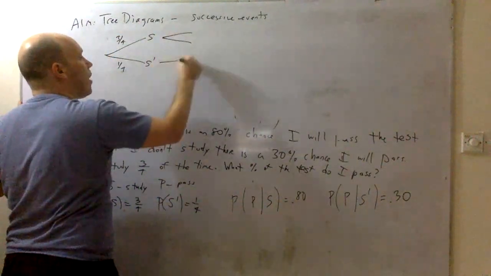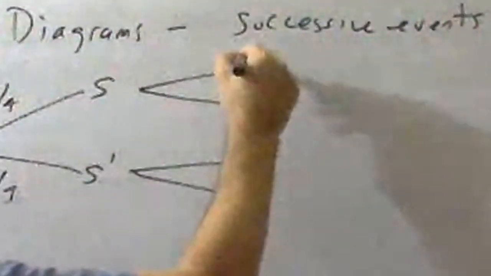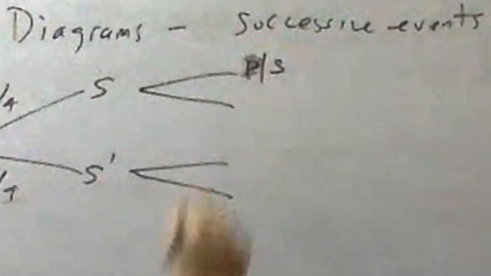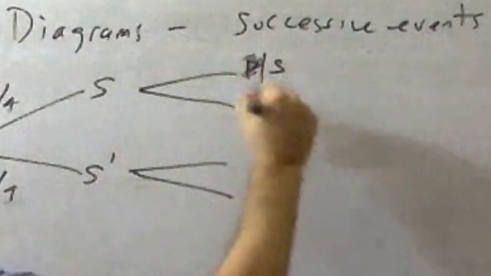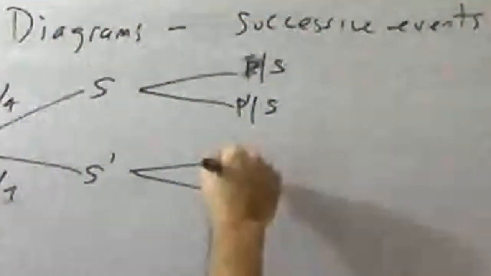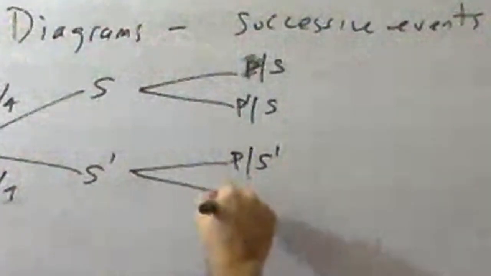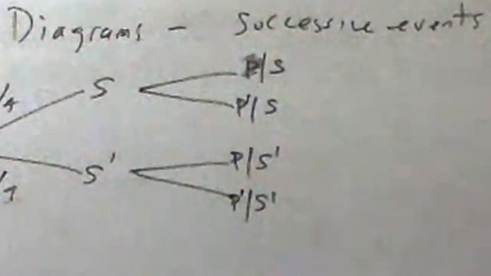What's going on with these branches out here? Well, this branch here is study. This is pass, given that I studied. Over here, this is not pass, given that I studied. The third branch is pass, given that I didn't study. And this is not pass, given that I didn't study.